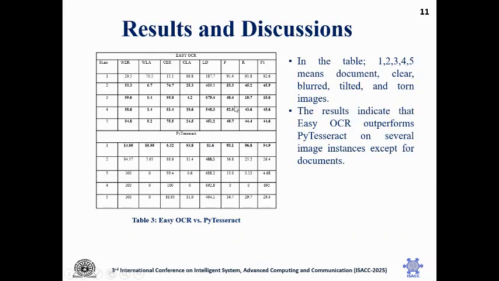This is a tabular summary. Basically, this table is showing that EasyOCR is outperforming Pytesseract in clear, blurred, tilted, and torn images. 1, 2, 3, 4, and 5 actually mean document images, clear images, blurred images, tilted images, and torn images.